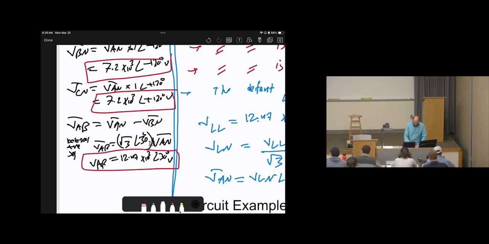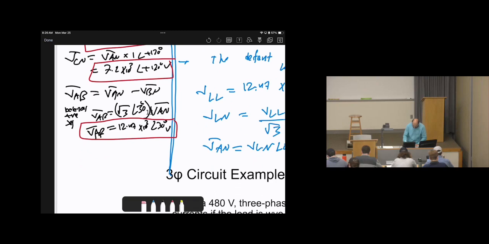Now, how about VBC and VCA? How to calculate VBC? VBC is VBN minus VCN. Or you can say root 3 angle 30 degrees times VBN. That's the other way. Or there is a third way.